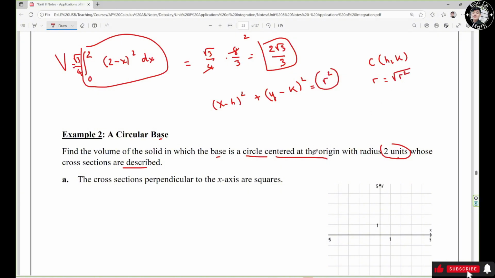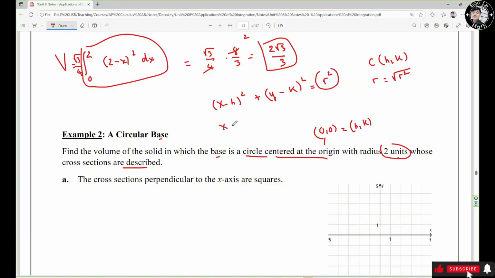Now the circle center at the origin, which is 0, 0, is the coordinate of the center, right? So which is h, k equals 0 and 0, right? Now the radius is 2, so when you plug it in over here, you need to square because it's radius squared, right?